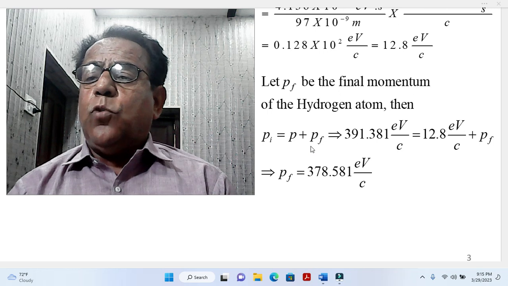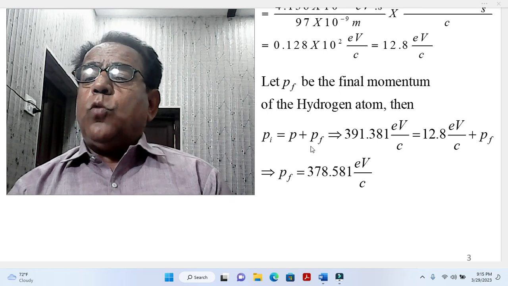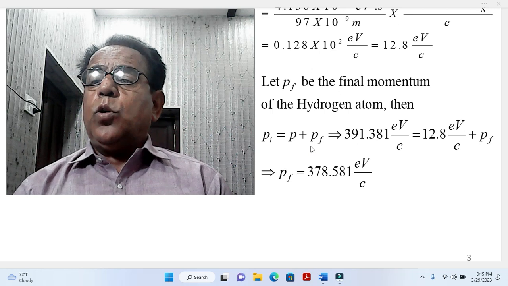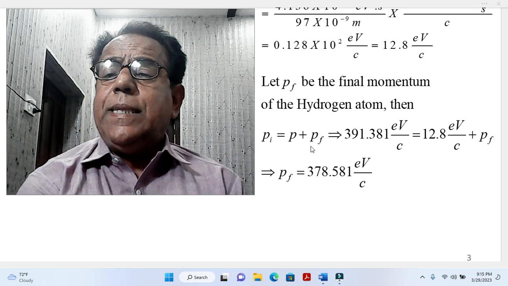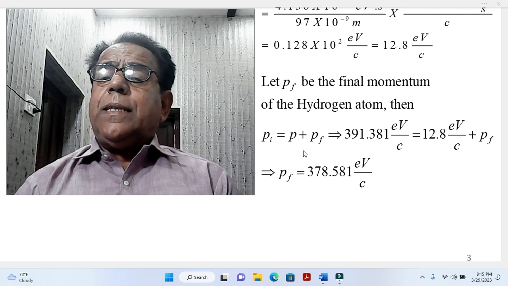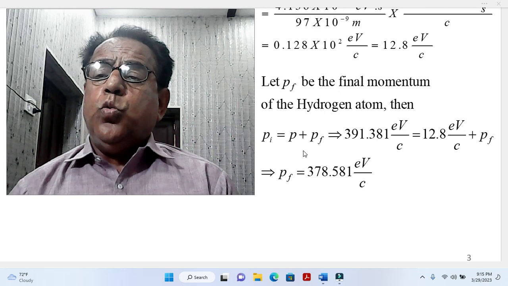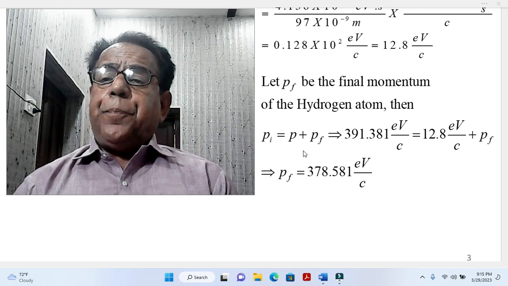391.381 electron volt over c is equal to 12.8 electron volt over c plus Pf. Because, dear students, in this expression two values are known and the third value is unknown, which we are now going to determine.